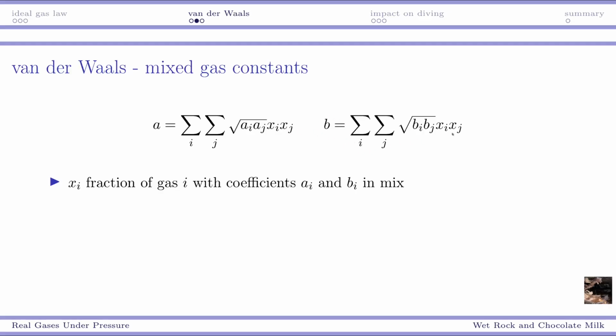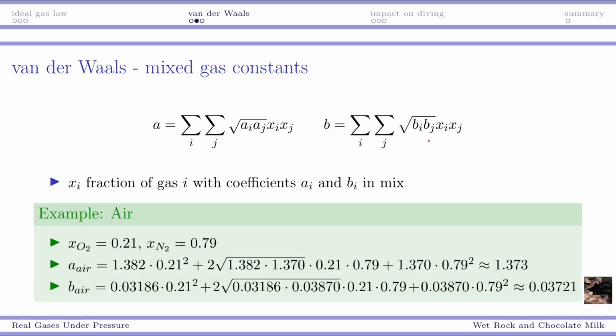Now, the B values use the very same formula, just with A's replaced by B's. And that means if we are looking at something like air, we can now compute our A and B values for air, our fractions being 21% oxygen, 79% nitrogen.